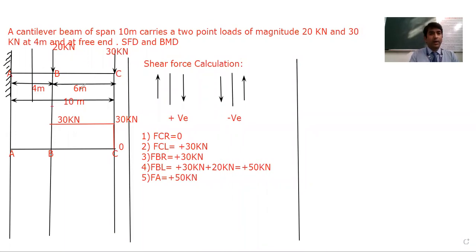Again, one point I mark C, and we will draw the shear force diagram up to this point. Next, at this point, it's 50 kilonewton. Again, at A point, we will mark the point at 50. We can say this is the 50 point, and this is the shear force diagram.